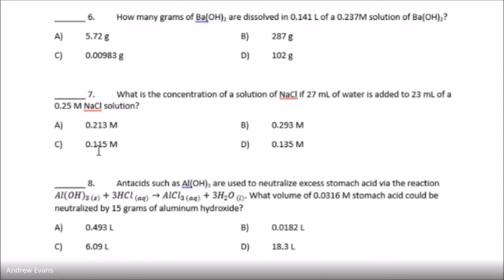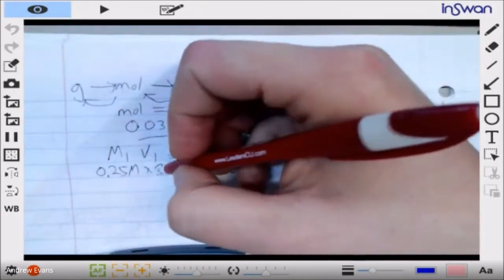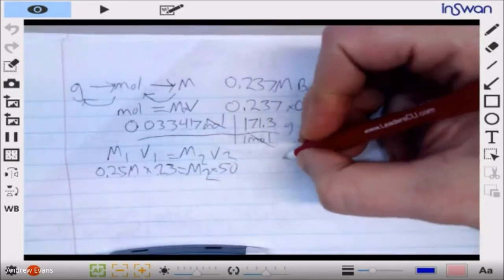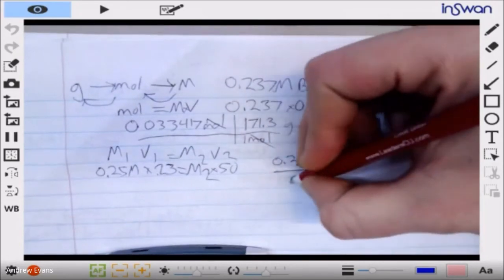If there's already 23 mLs and I add 27, the total volume is now 50 mLs. So once you figure that out, it is incredibly easy. 0.25 times 23 equals M2 times 50. This is a simple dilution.